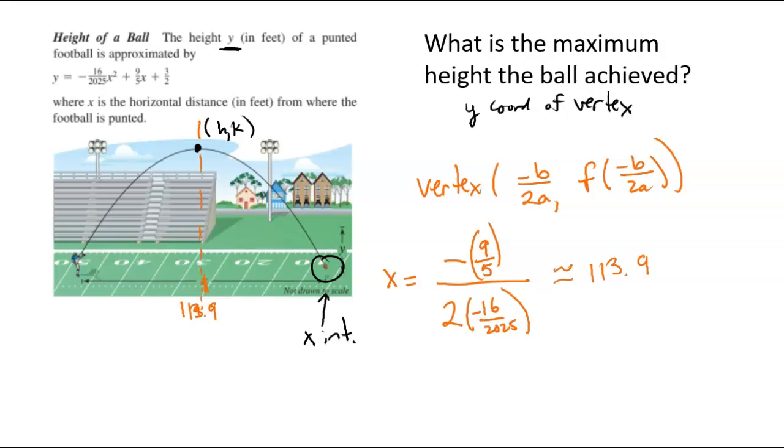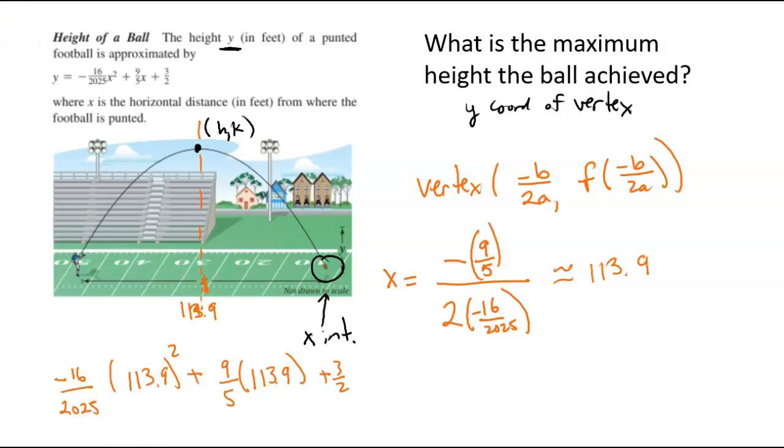So how do I find the rest? I'm going to plug that lovely decimal into the equation. So 113.9, I'm going to square that, add it to 9 over 5 times whatever 113.9 is, and then add 3 halves. Use a calculator to figure out what the answer is.